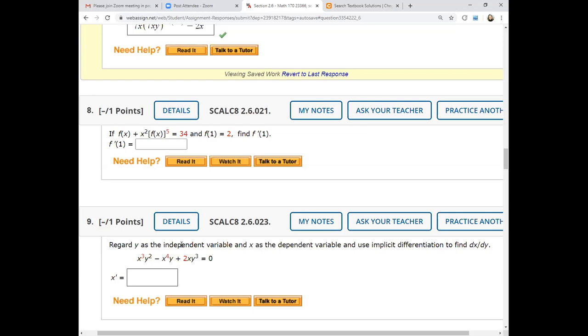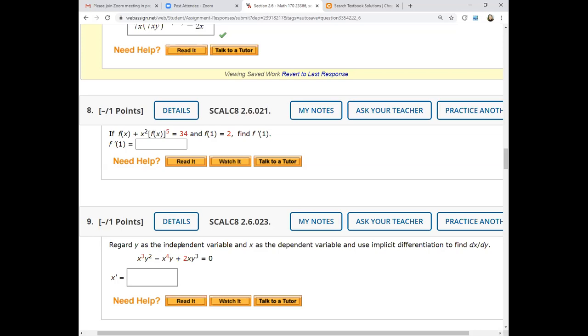You don't have it equal to 2, because the 0 came from the 34. I haven't put the 2 in yet.